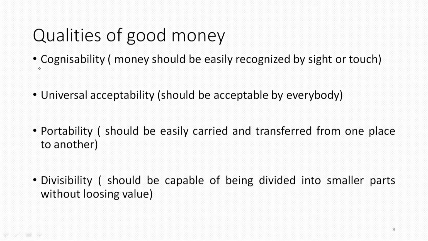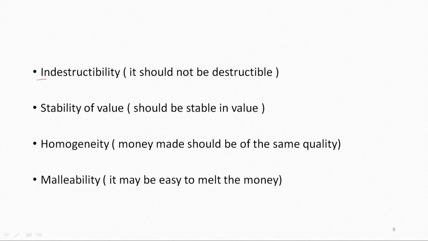Cognizability, we have C; universal acceptability, U; portability, P; divisibility, D; indestructibility, I; stability, S; and homogeneity, H. This means you can write CUP DISH, an easy way to remember the qualities of money. This is the way I used to remember when I studied money.